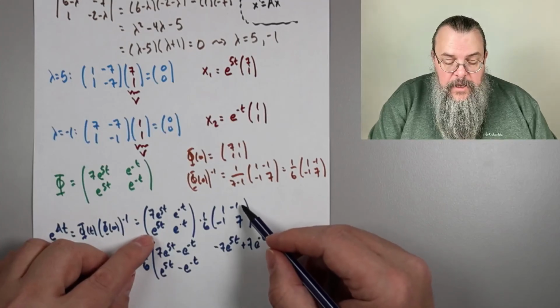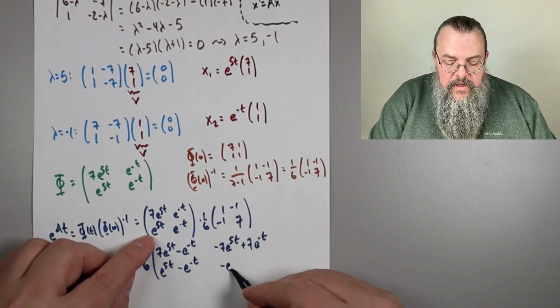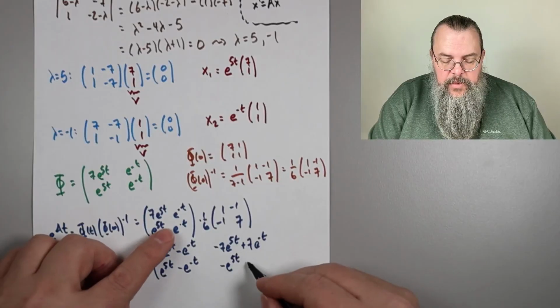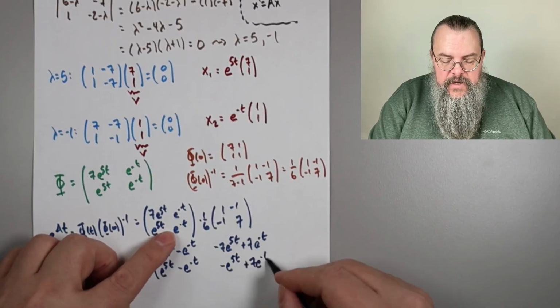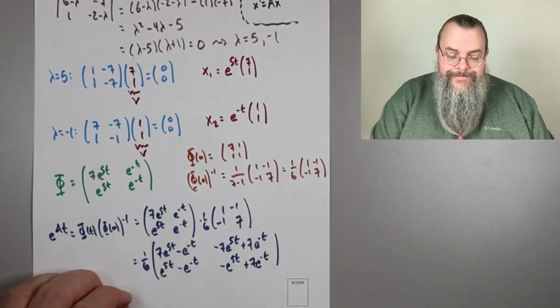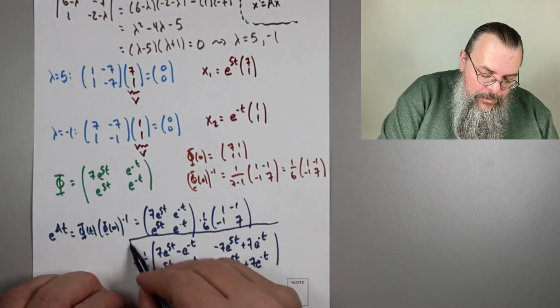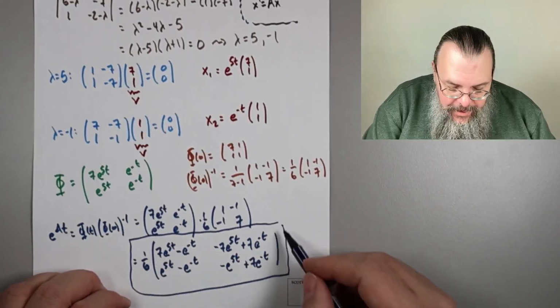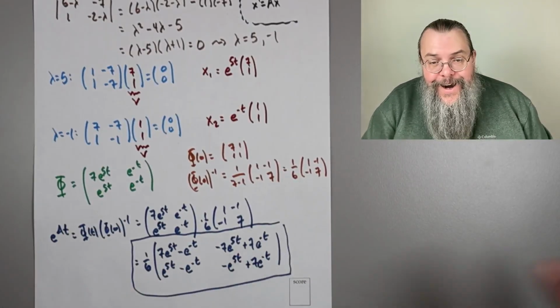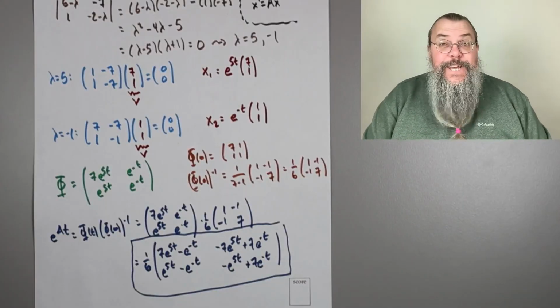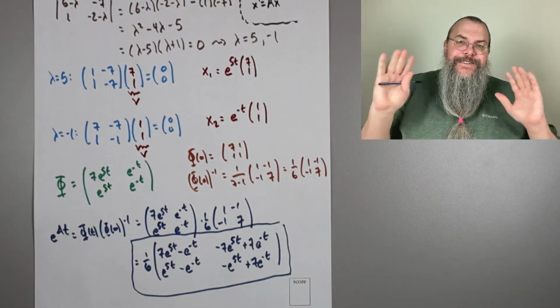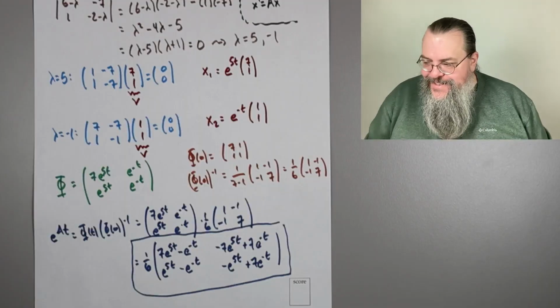And finally, minus e to the 5t plus 7 e to the minus t. And we're done. We did it. We made it all the way through. Woohoo! Good on us.